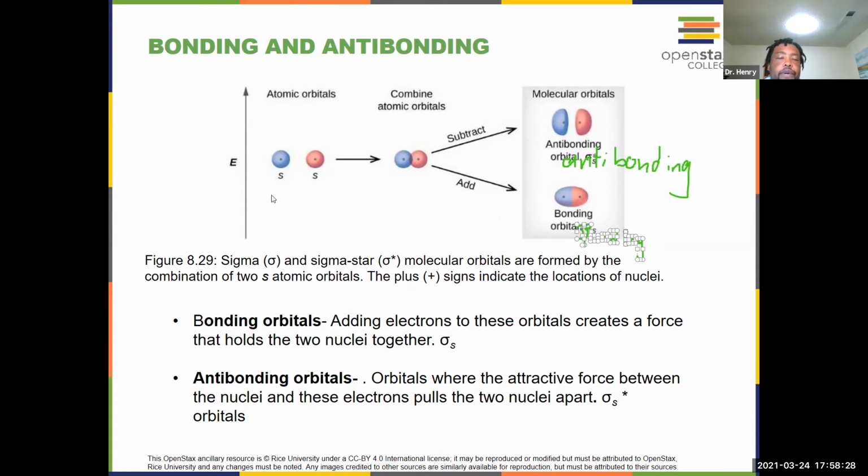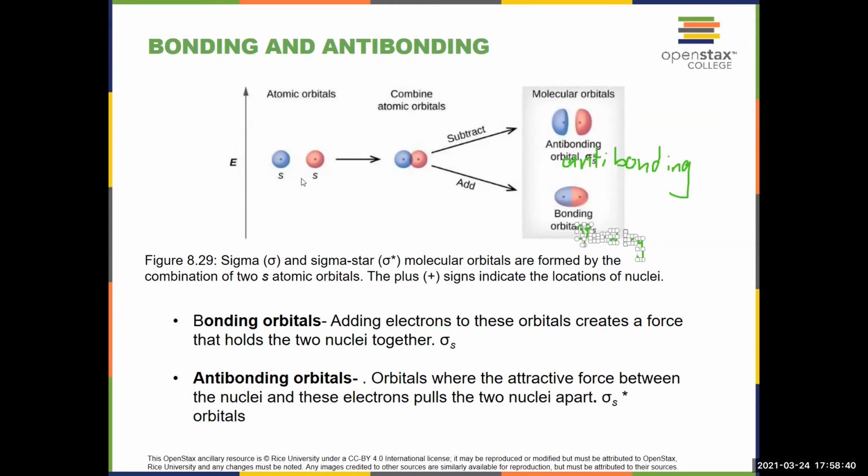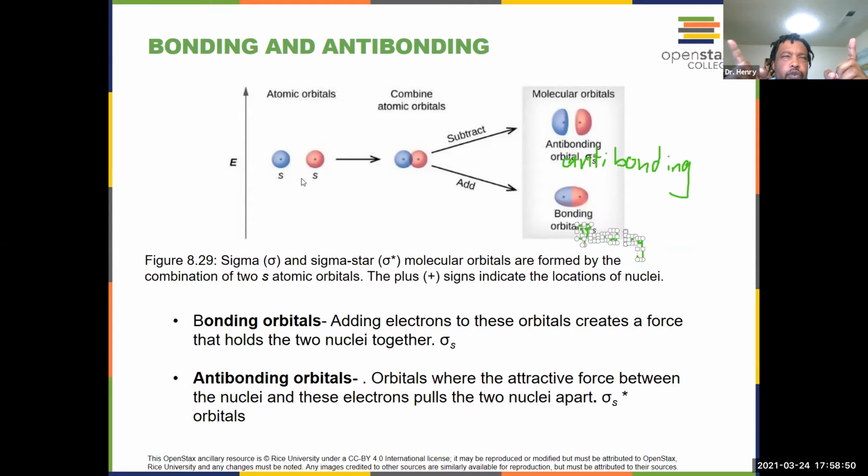Okay, so if we have two s orbitals, these guys are going to come together to form a sigma bond, right? Now if we think about this, we have one electron in that one s orbital and another electron in the other s orbital.